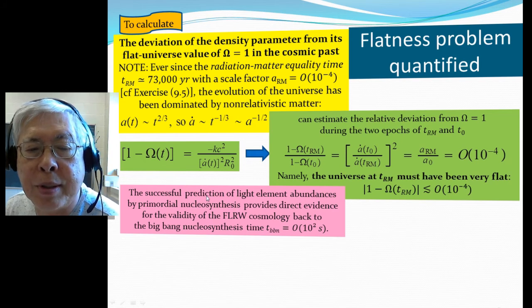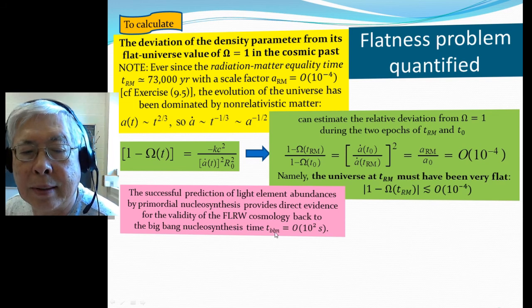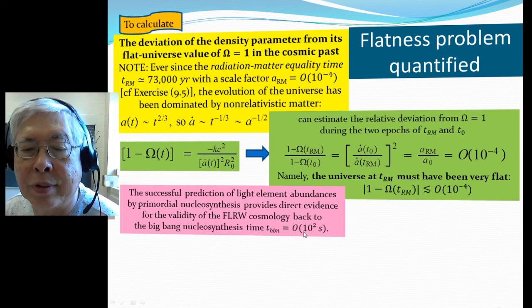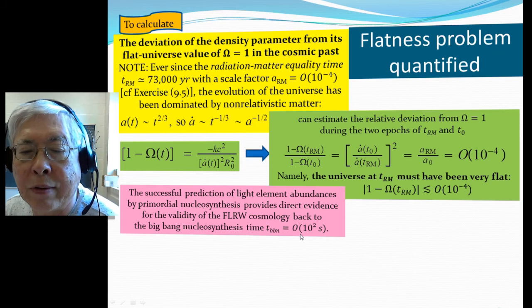Now, the successful prediction of light nuclear element abundance at primordial nucleosynthesis time provides direct evidence of the validity of this cosmology back to order 100 seconds after the Big Bang.